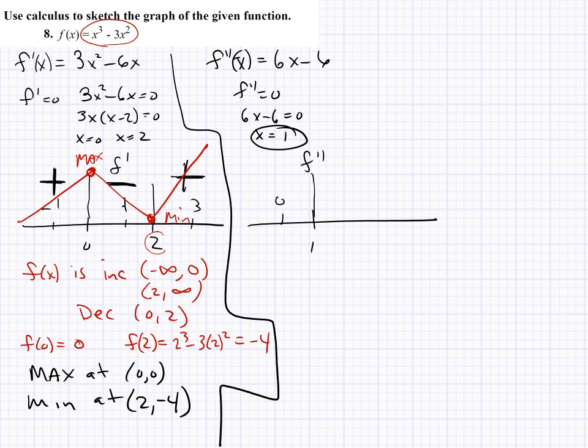I'm going to plug in 0 and 2 into here. You plug 0 in for x, you're going to get a negative. Plug 2 in, you're going to get a positive. So that tells us concave down, concave up.